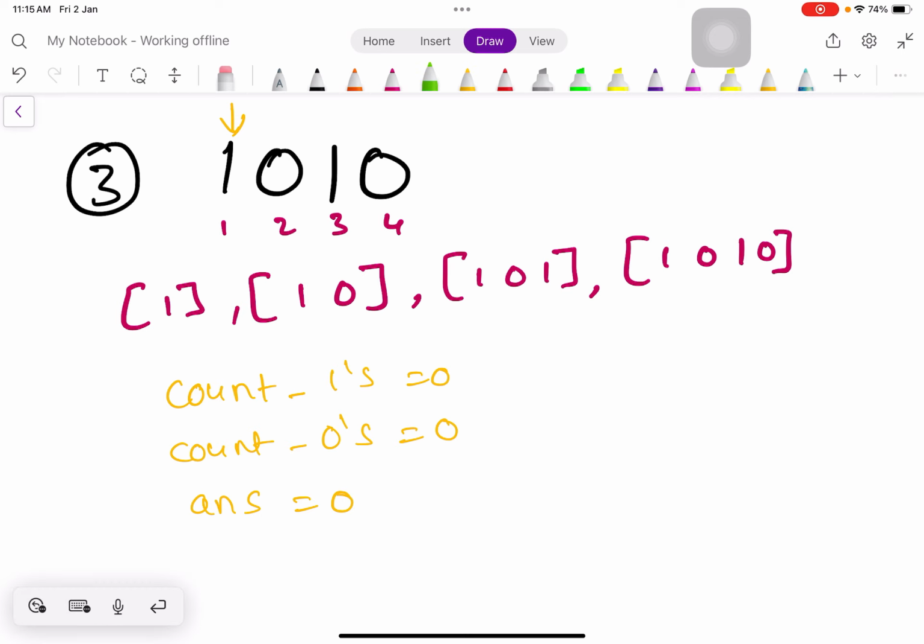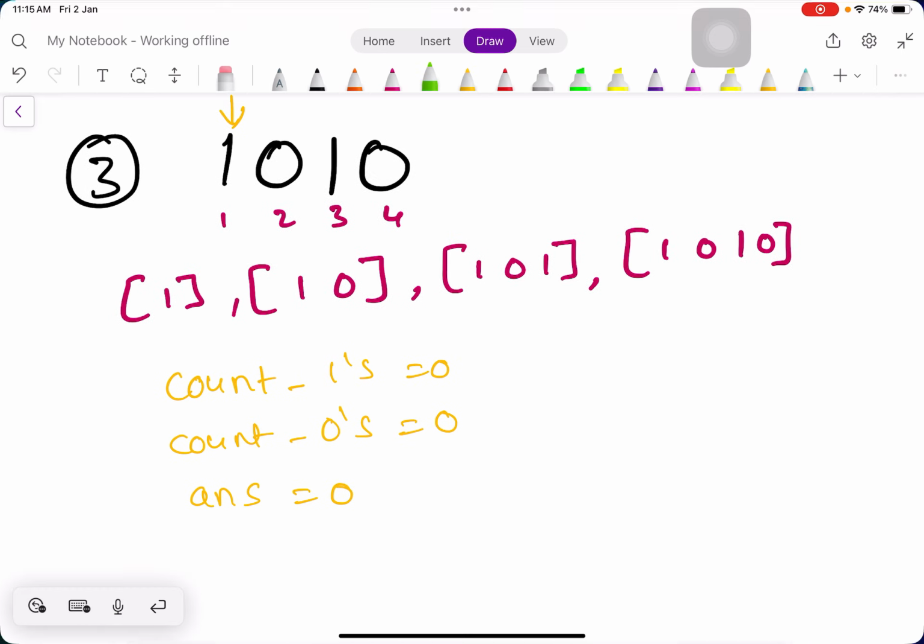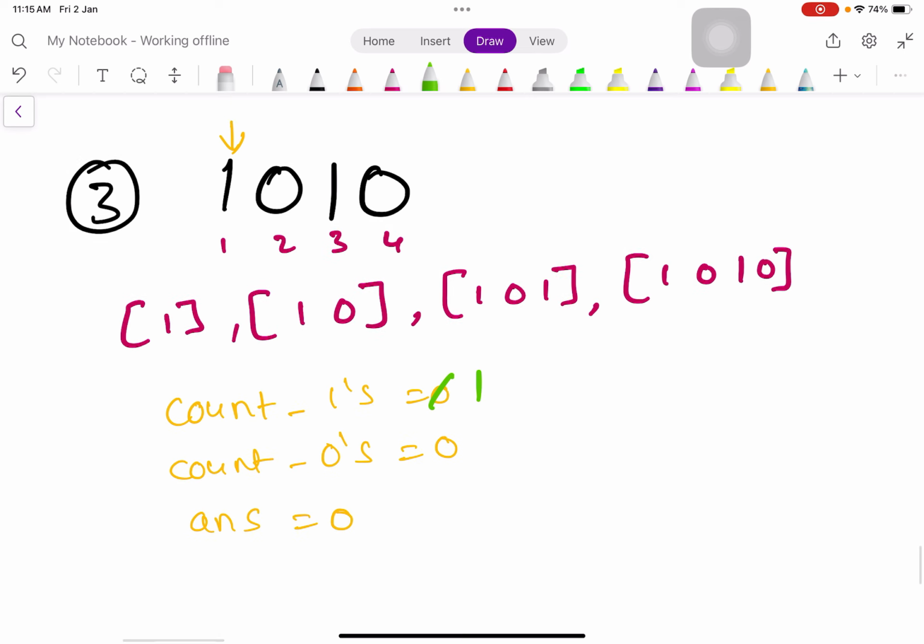So the first 1 will come. I increment the count of ones by 1, and I check, is the count of ones greater than the count of zeros? Yes, so my answer will be incremented by 1. Next 0 will come. Increment the count of zeros. Is 1 greater than or equal to 1? Yes. Increment the answer value.